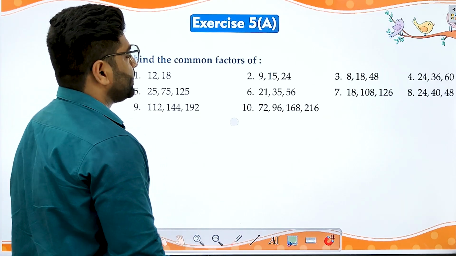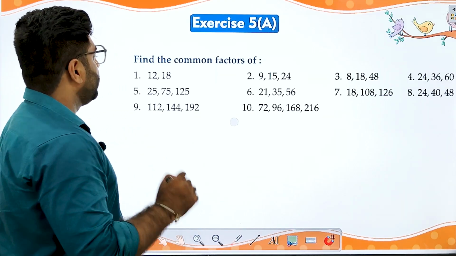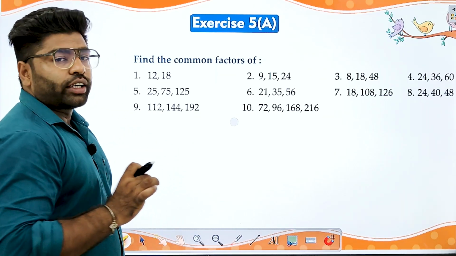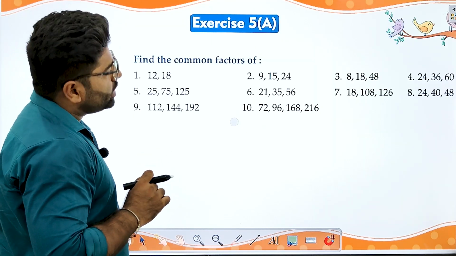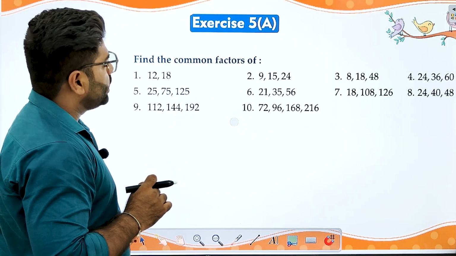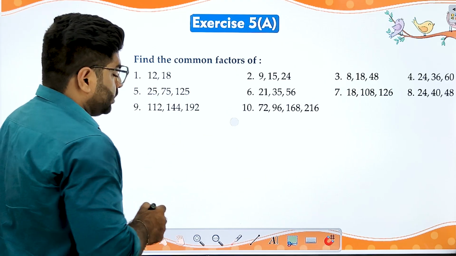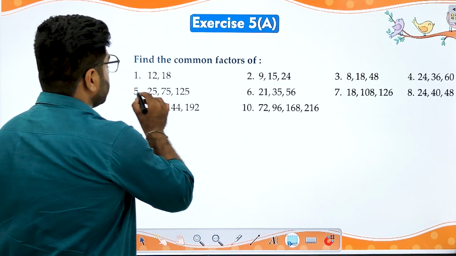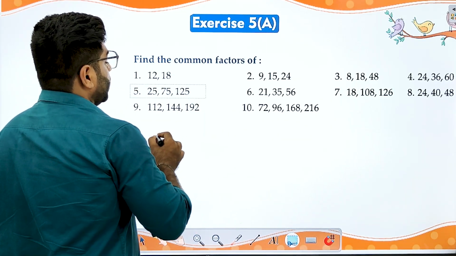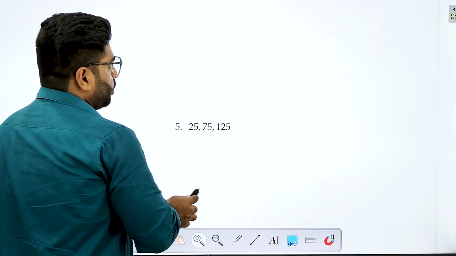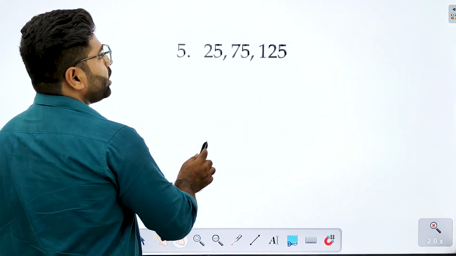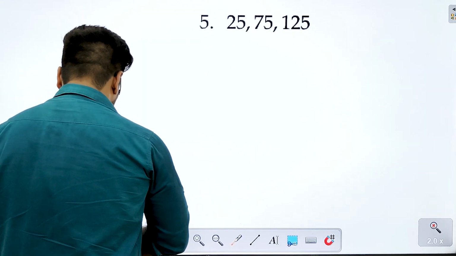Next we have an exercise, where we have to find the common factors of numbers like 12 and 18. Let's pick question number 5. In this we have 3 numbers, and we have to find the common factors. The first thing is to find the factors of these numbers.